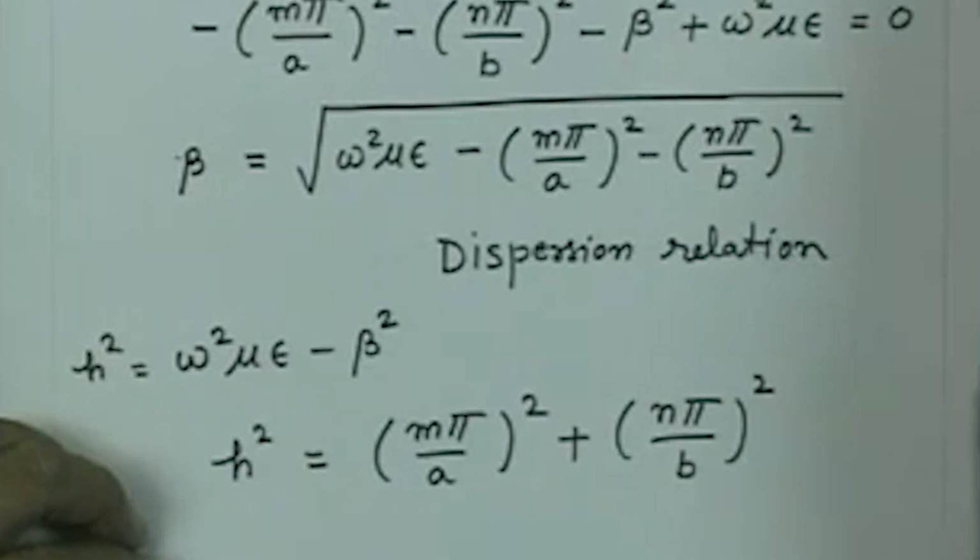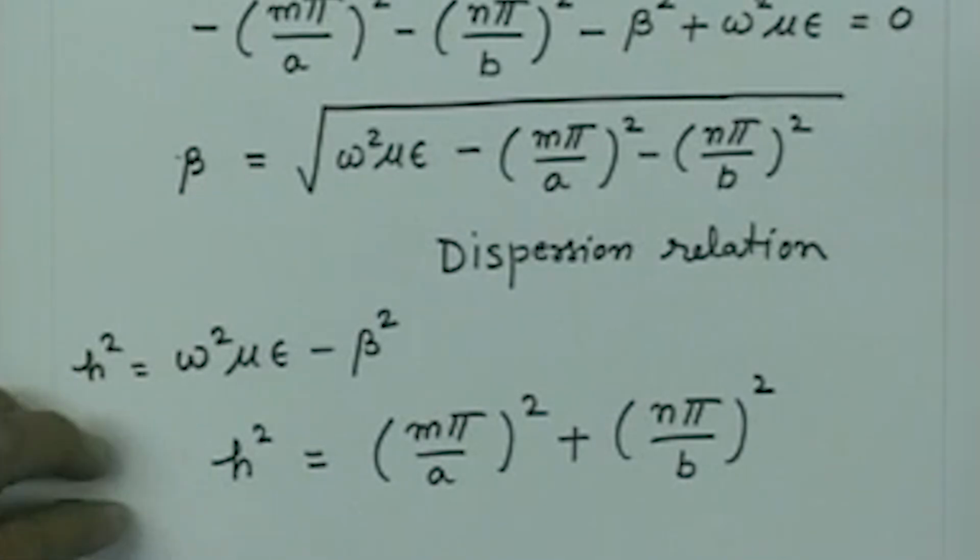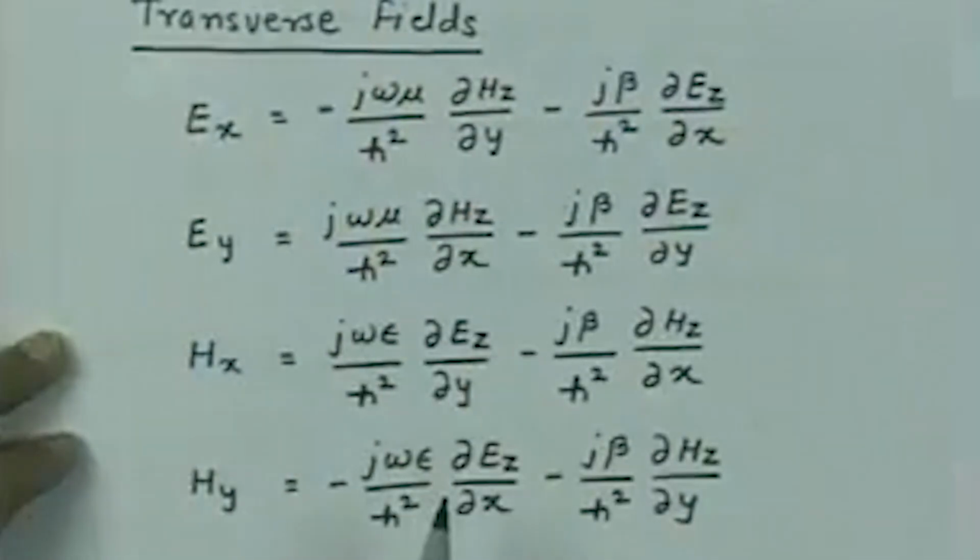So, when the h square is not 0, the transverse fields, which are represented in terms of the longitudinal components, we have seen the transverse component would exist if both Ez and Hz are 0, provided h is also equal to 0.